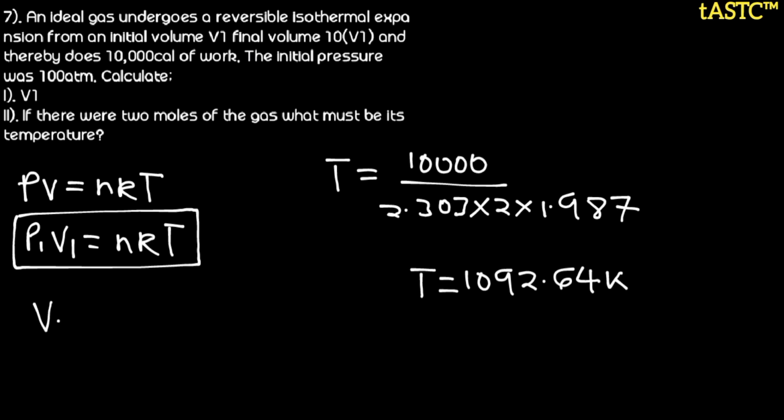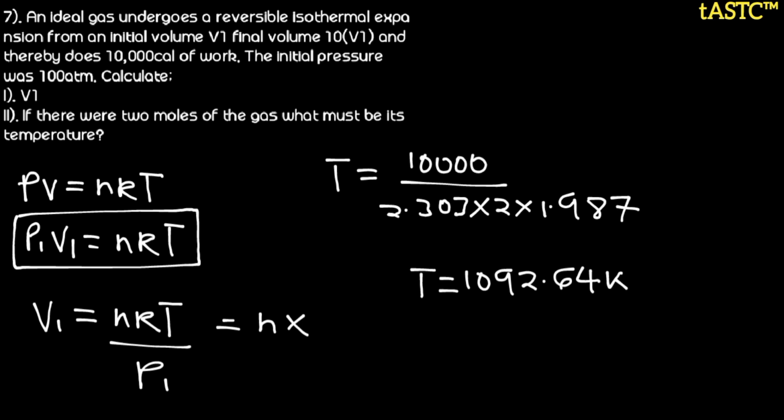So here we're going to have V1, and V1 is going to be nRT divided by P1. So here we can use it to find what V1 is. So this is n, and we're going to multiply with R. Now here we need R in liters.